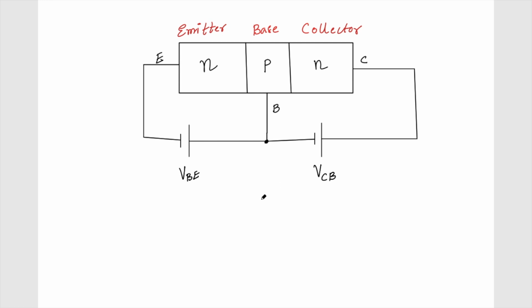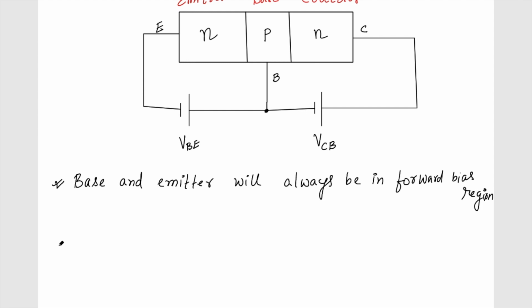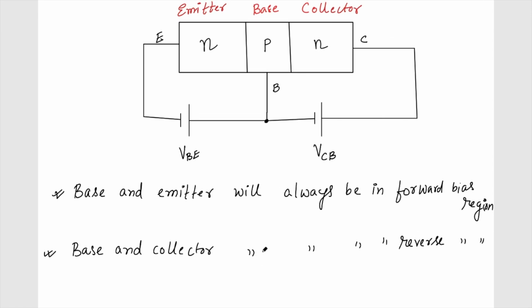As I was mentioning, this will lead to some useful property. The important conclusion here is that the emitter and the base will always be in the forward bias region, and the base and the collector will always be in the reverse bias region. These are the two conditions that we should follow.